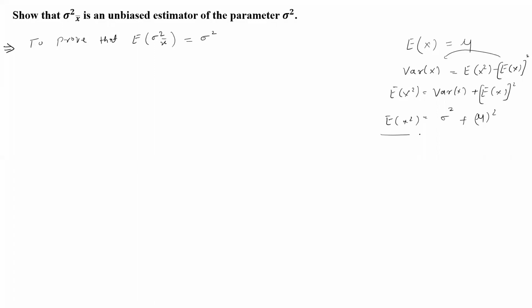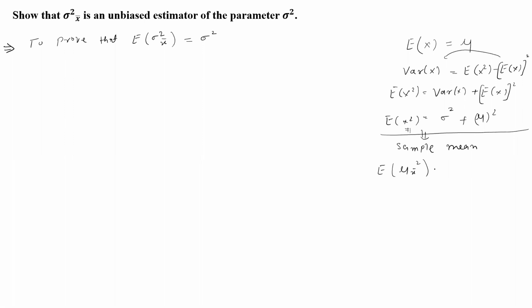If I want to extend this for the sample mean, the expectation of x bar square is equal to the variance of x bar plus the mean of x bar whole square. I'm just changing the notation to the form of the sampling distribution of the mean.